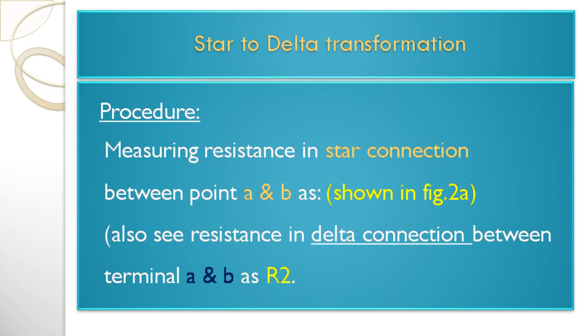Star to delta transformation procedure. Measuring resistance in star connection between point A and B, point B and C and point C and A as shown in figure 2a. Also see resistance in delta connection between terminal A and B, terminal B and C and terminal C and A as resistance R2, resistance R3 and resistance R1 respectively.